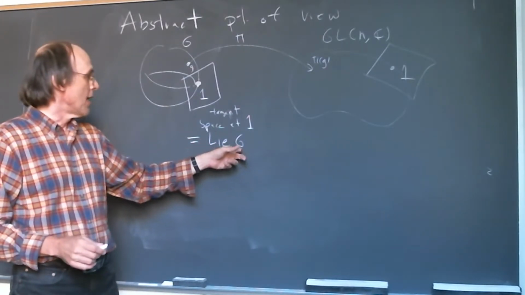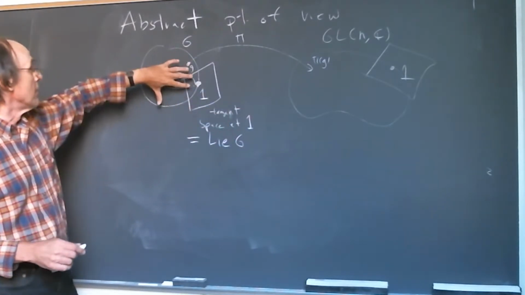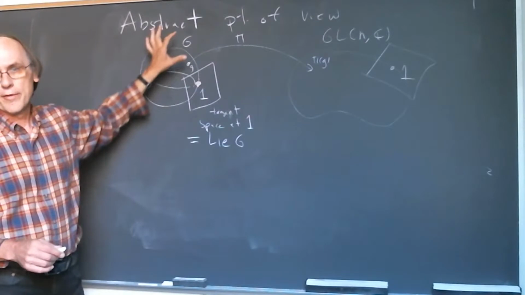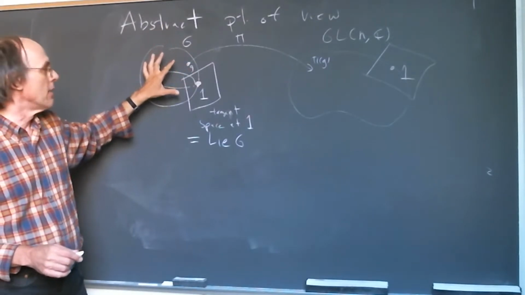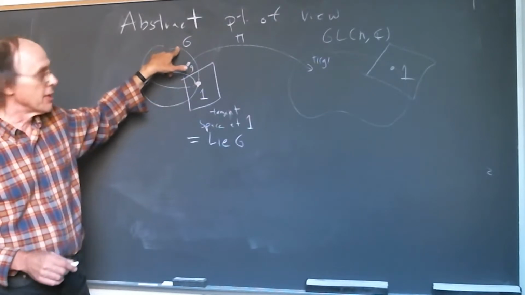So this G itself is some nonlinear thing, while Lie G is a vector space of the dimension of G.